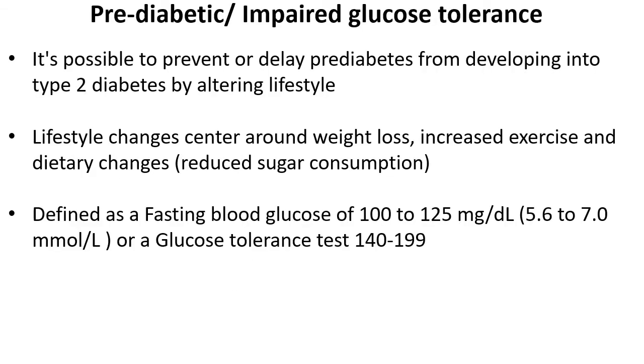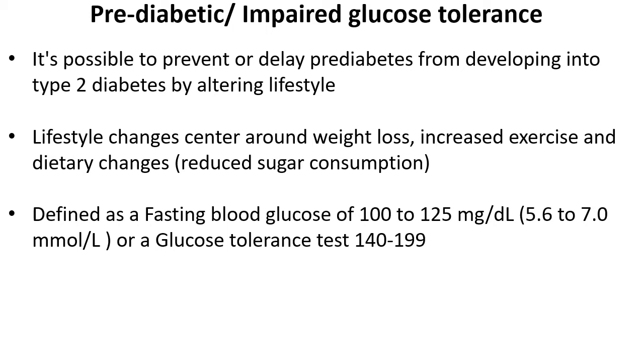Okay, so let's look at a term, pre-diabetic or impaired glucose tolerance. This is a term that's more reserved for type 2 diabetes. Remember, in type 1 diabetes, you have no insulin. You need insulin replacement.